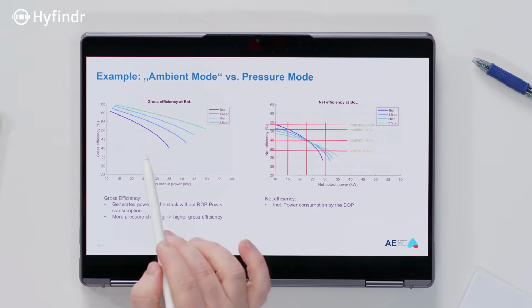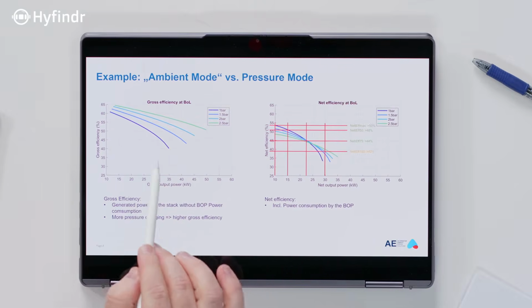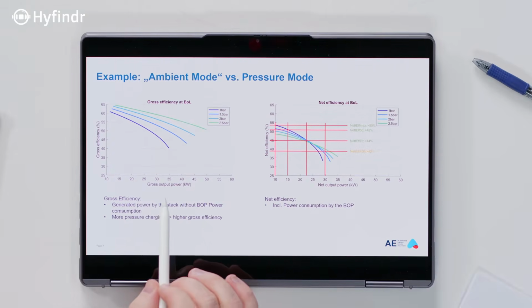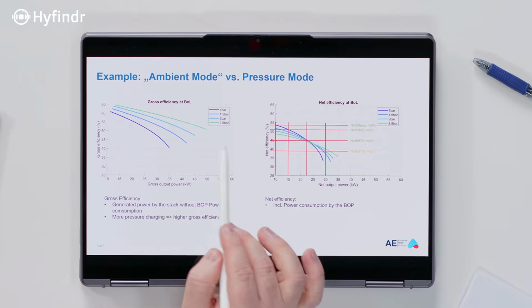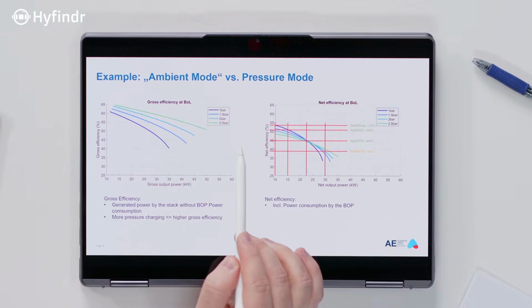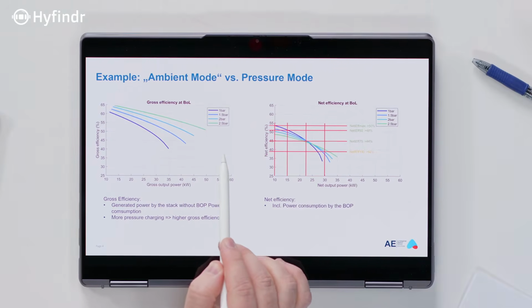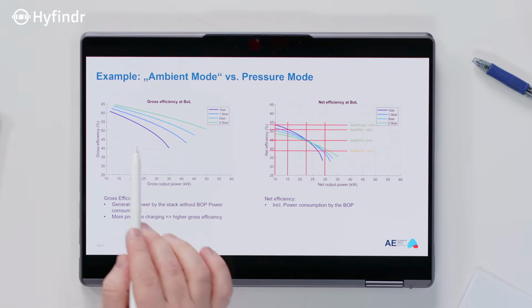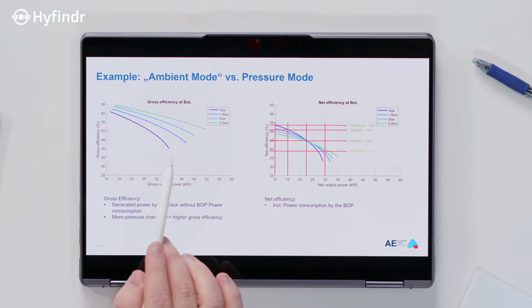So you can see here different curves. You can run the system nearly in ambient mode, so with low pressure, but you can also increase the pressure up to 2.5 bars on the air side. You can see it here on these curves.